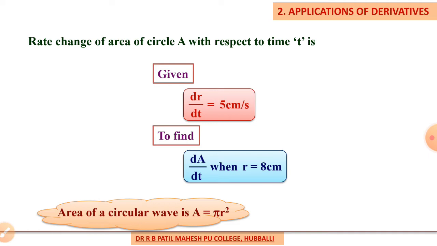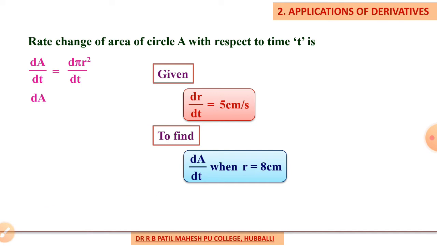Next, the rate of change of area A of the circle with respect to time t is dA by dt. So you have to differentiate the given formula. dA by dt is equal to the derivative of pi r square.